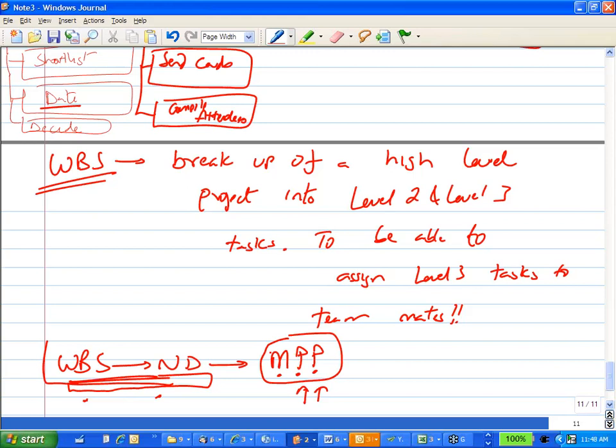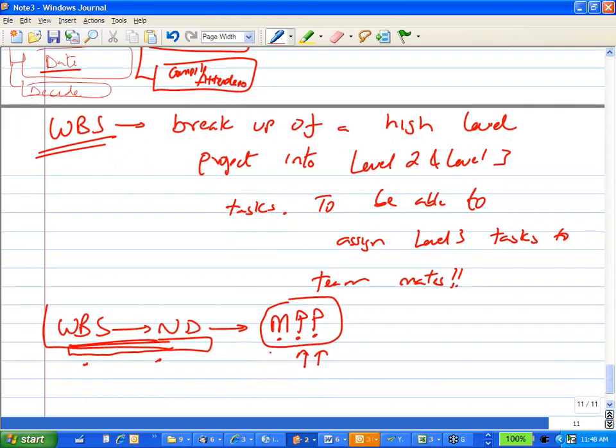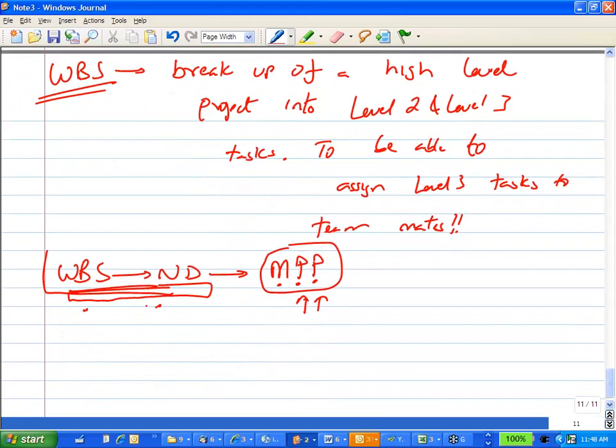That's the end of day 6 actually. The whole chapter is about WBS and we pretty much talked about it. Breakup of a high level project into level 2, level 3 tasks. So how do you convert a WBS to a network diagram?